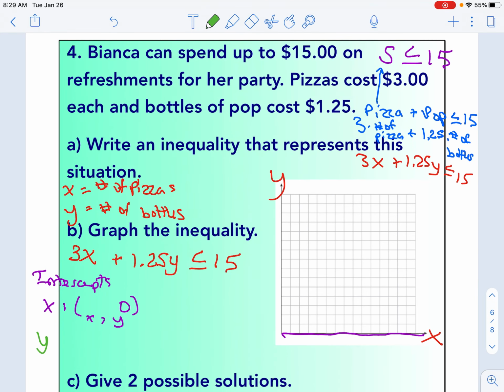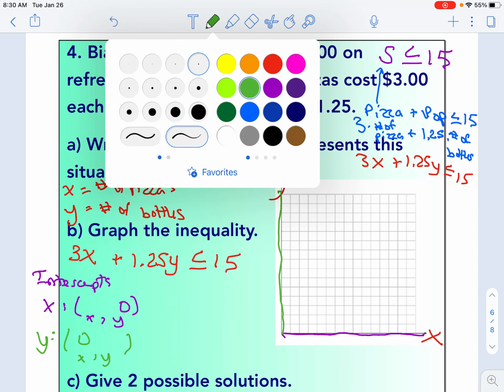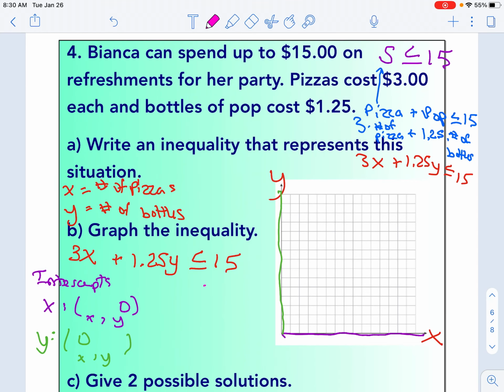And our Y-intercept is on this line right here, and that is always going to be the value of Y when our X equals 0. So if you remember, we made a t-table, so to speak, with X and Y. I'm going to do this in a different color so that we can do this combined.